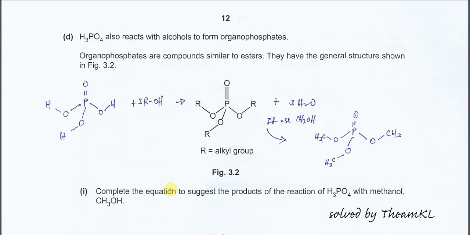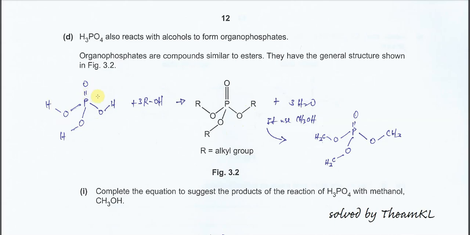Part D. H3PO4 also reacts with alcohol to form organophosphate. So this is the organophosphate, and it has 3 alkyl groups with it. Before you try to answer this, you should know the phosphoric acid structure is this.